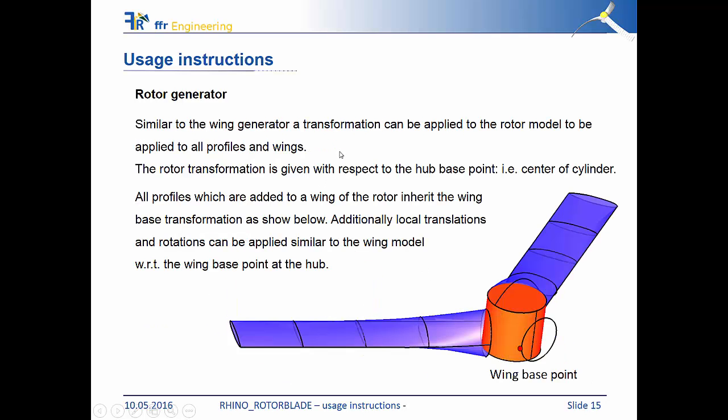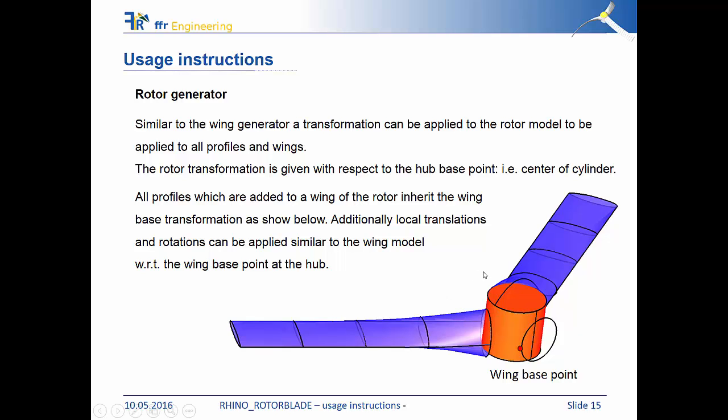So the transformation, as I said, is important. The rotor transformation is actually applied to the base point of this cylinder here, which you can't really see. You have to make it transparent. So the base point of the cylinder, the center point, is the root point for the rotor model. And then you have the wings added to the rotor, and each wing again has its root point, because this is simply taken from the wing assembly as we've seen before.